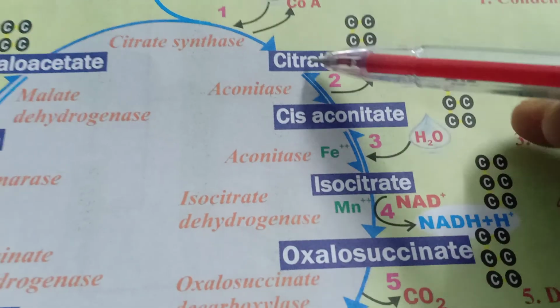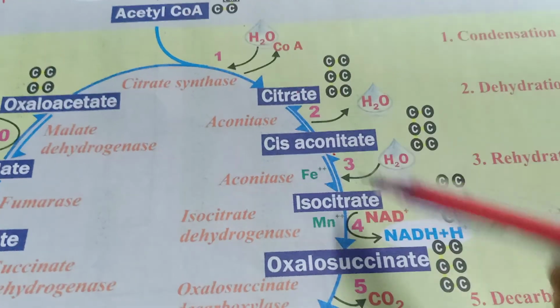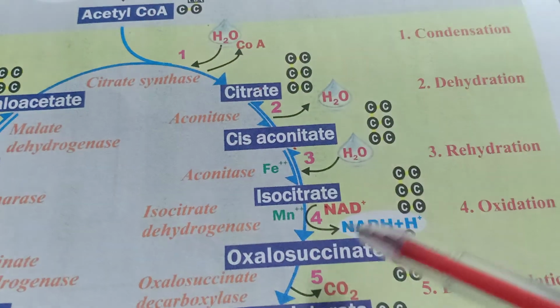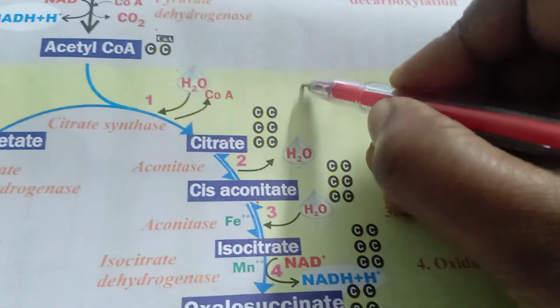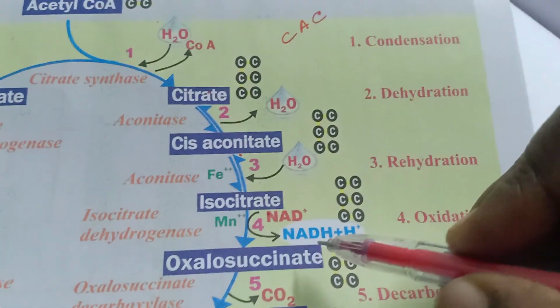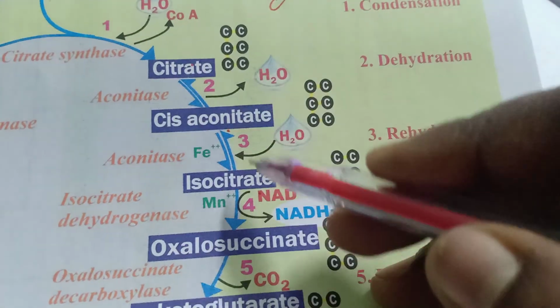If you take the first 3 compounds, citrate, cis-aconitate, isocitrate, all these 3 are citric acid groups. Therefore, it is called CAC, citric acid cycle. And the second thing, they all have the tricarboxylic group.